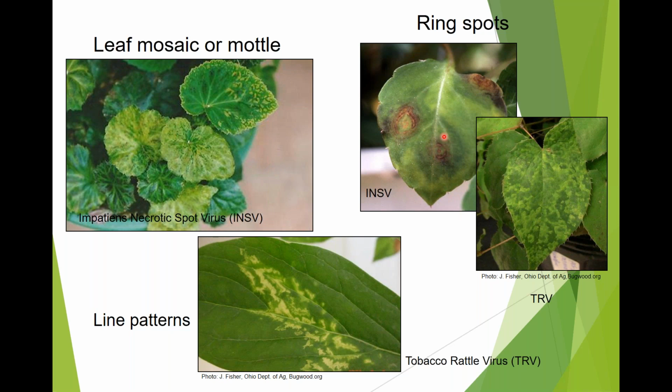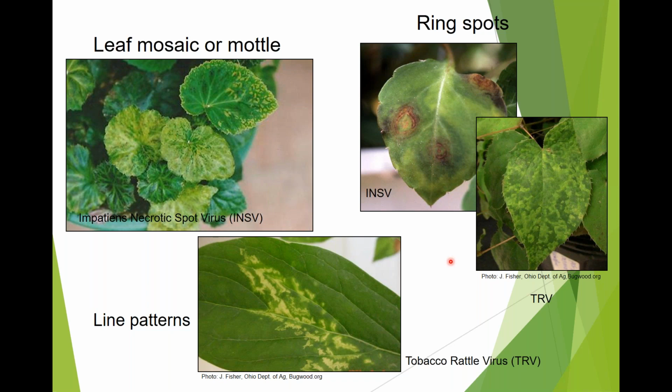Here we've got ring spots, and they can be necrotic, as on the impatiens we're seeing. And very often there's green tissue in the center of the area. That's what makes it a ring spot. There's necrotic, or in the case of the epimedium here, chlorotic areas with dark green tissue in the center, and that's a ring spot.